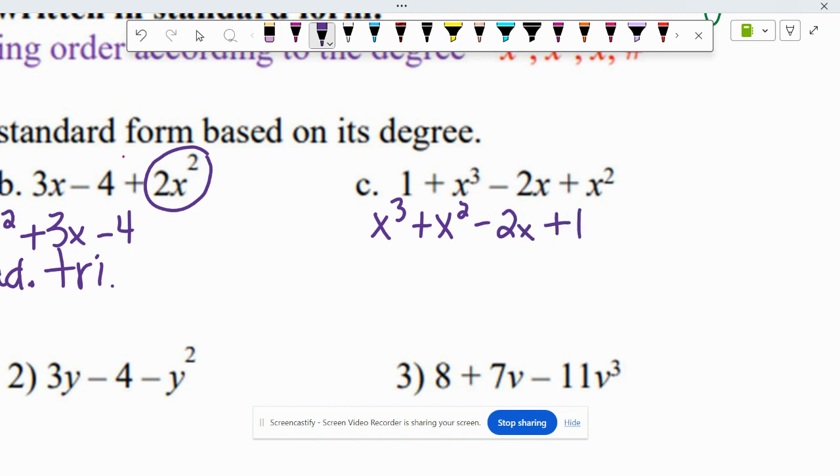Okay. So how many terms and degree, Braden? We start with the degree first. What's the largest power? Cubic what? How many terms are there?